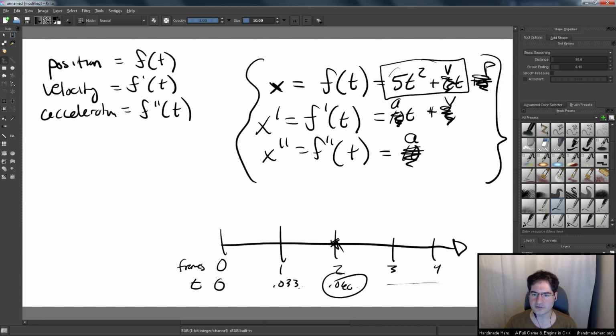And this is why I say even if you don't remember how to do integration, you can cheat it by just doing the derivative and then doing it backwards. Remember how we got this. We did 2 times 5 equals the 10. So all we have to do is divide the a by 2 to do our final integration. That's why this was 5 instead of 10. So instead, we just have a over 2 plus v plus b.